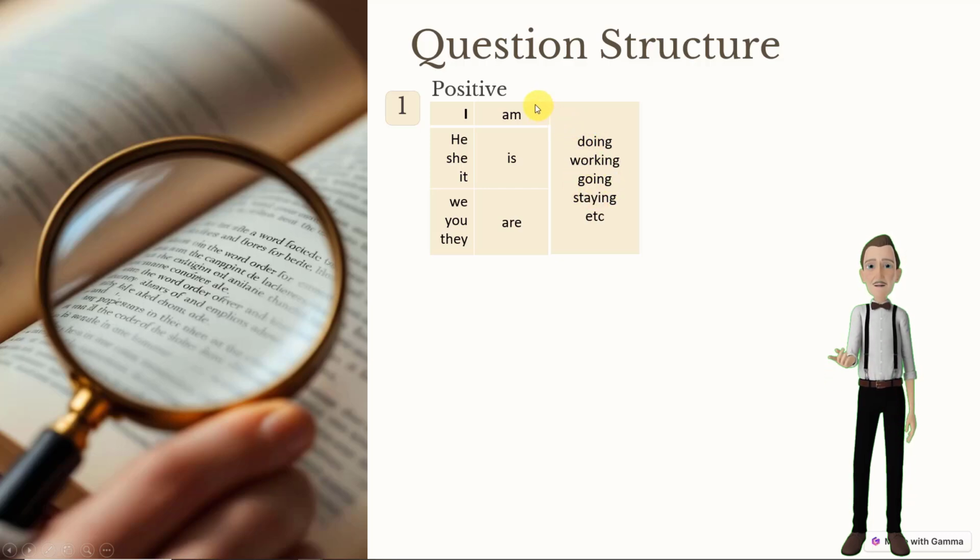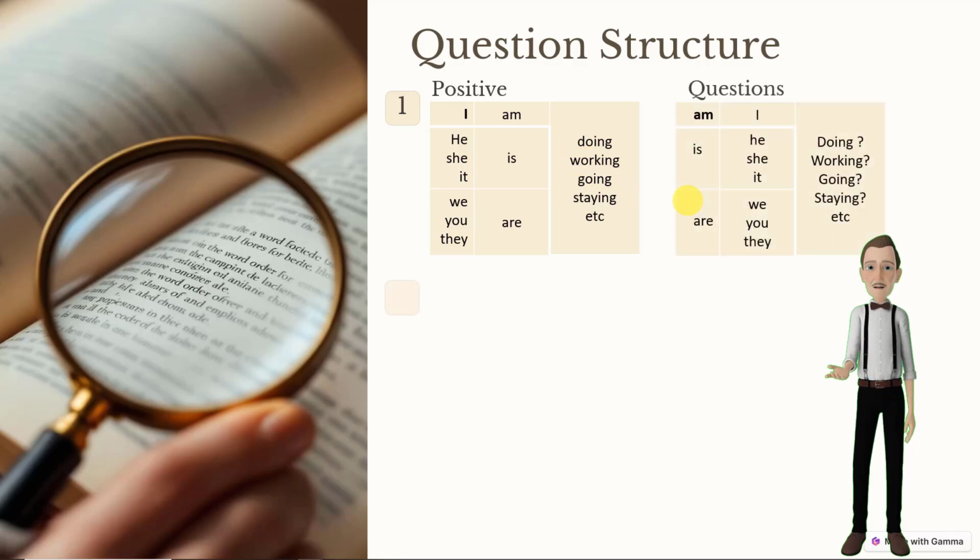Guys, once again, these little tables, I think it's very important that you learn them off by heart, because this forms the whole structure of a question. Maybe, for instance, you'll see in a moment, or a short answer, or whatever. These things here will help you to become fluent in English. Really, guys, these little tables and all the videos I've made so far are very important. Make sure you know them and you understand them.